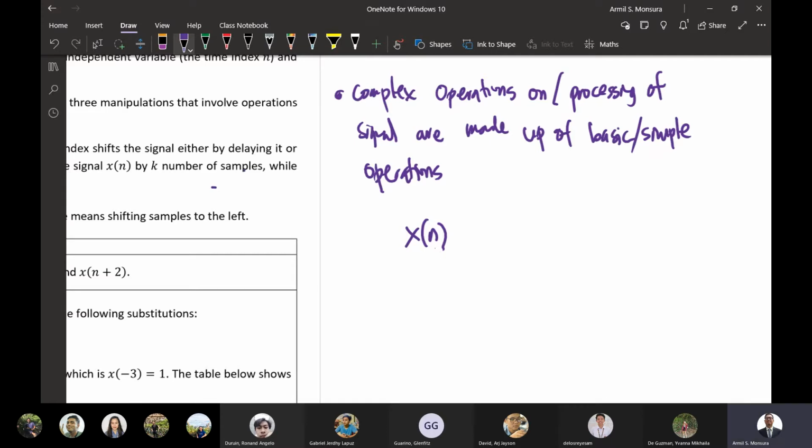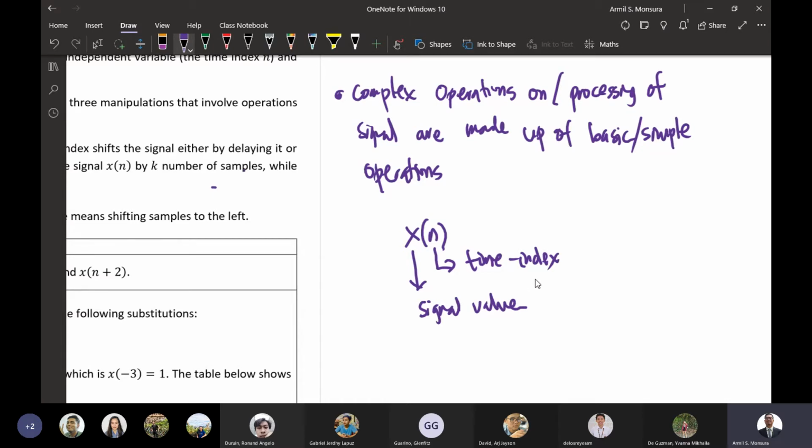N, which represents your time index. And your x, which represents your signal value. Yung dalawang yan, makikita nyo kagad dyan sa function form ng signal niyo.